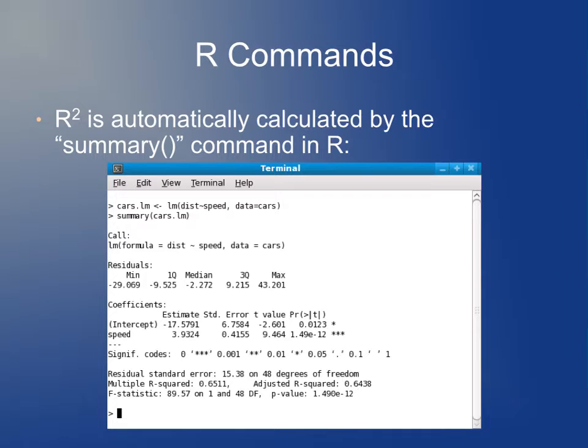R-squared can automatically be calculated by the summary command in R. If you look down at the bottom, you see this multiple R-squared 0.6511. It means the R-squared is about 0.65, meaning in the cars example, 65% of the variability in stopping distance can be explained by variability in the speed of the car.